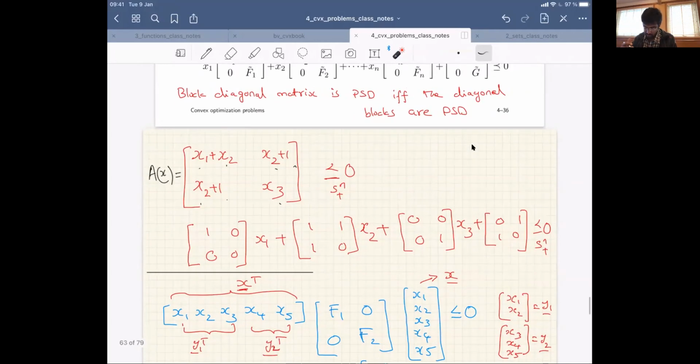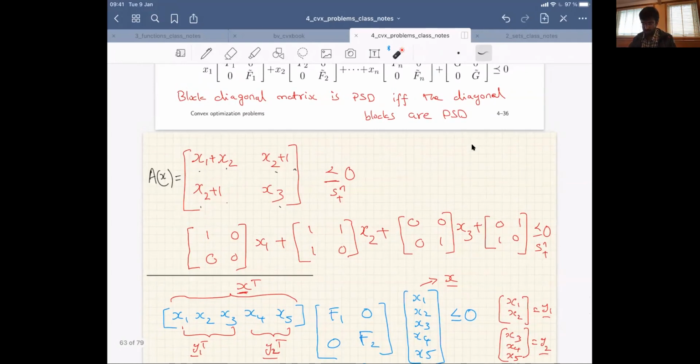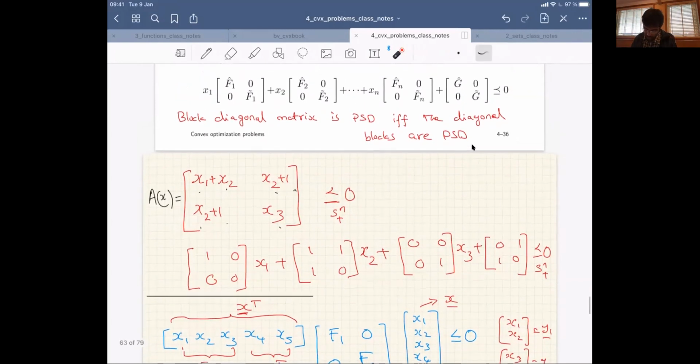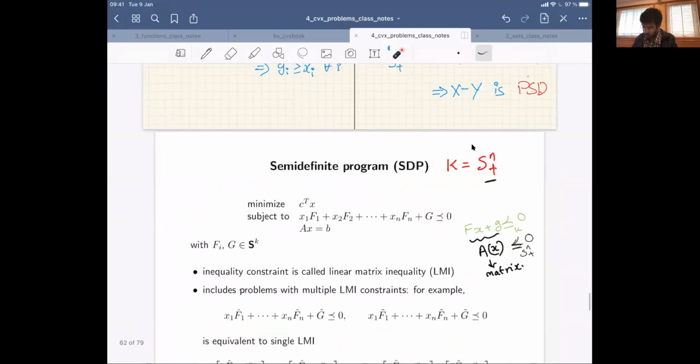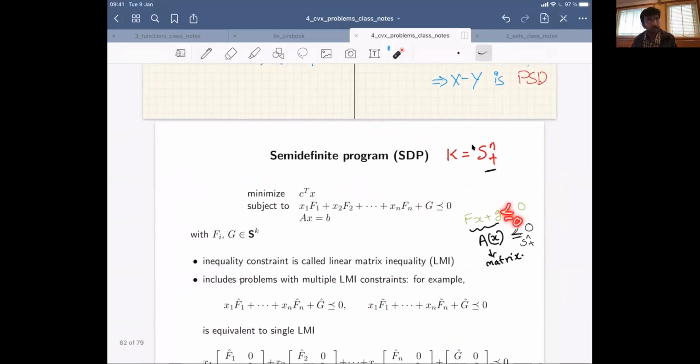We may sometimes do the discussion based on PSD, but both are very similar. If it has to be negative semi-definite, I can bring a negative sign here and make it PSD. Here we are considering a negative semi-definite matrix because our inequality was in this form: a matrix is less than or equal to 0.